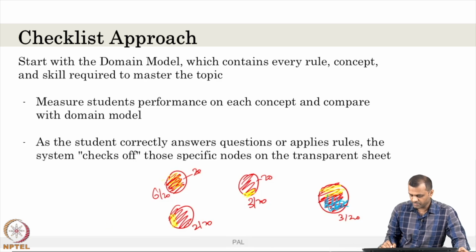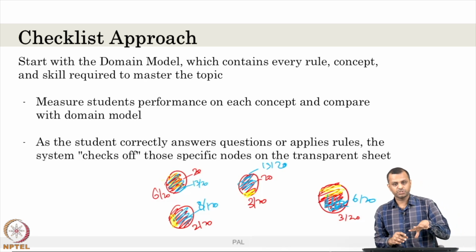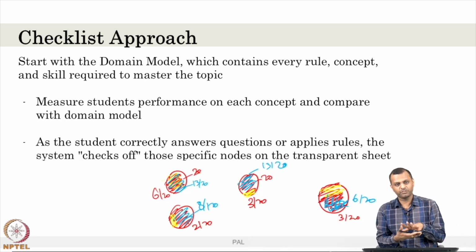This student's performance is, say, 6 out of 20, then 13 out of 20, then 8 out of 20, something like that. So here each student's performance is overlaid on the expert model. That's the idea of the overlay model.